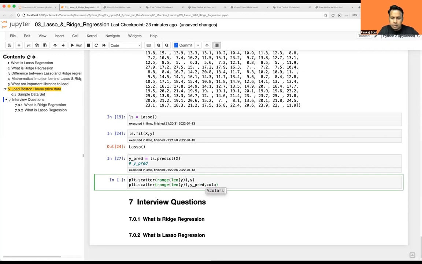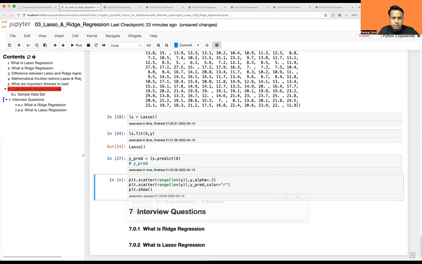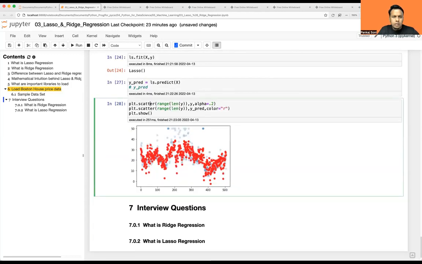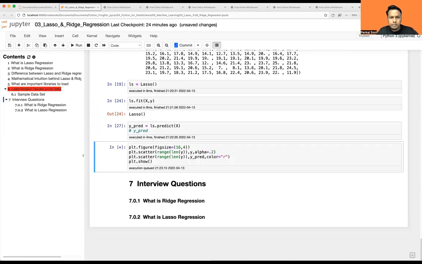Let's use color equal to red, and here I'm going to set alpha 0.2, plt.show. Let's make it a little bigger: figure figsize 16 by 4.